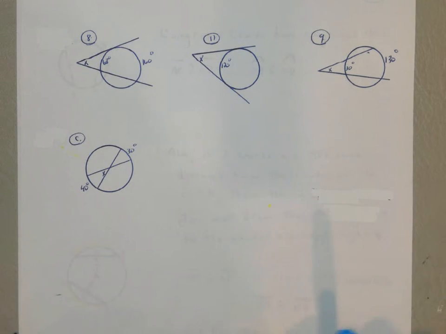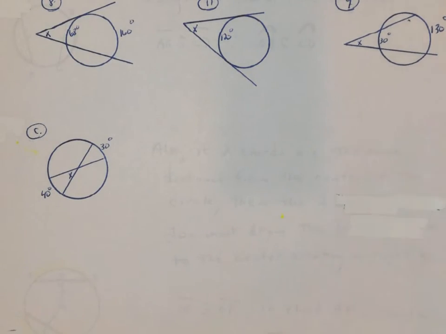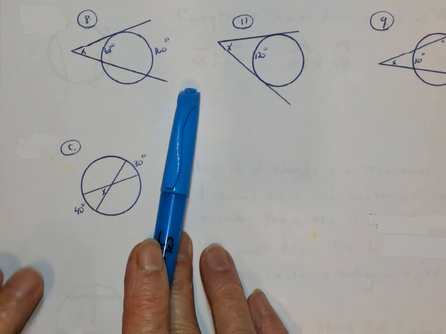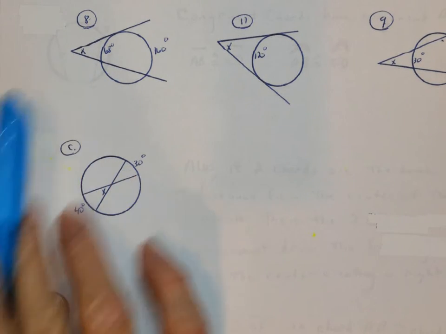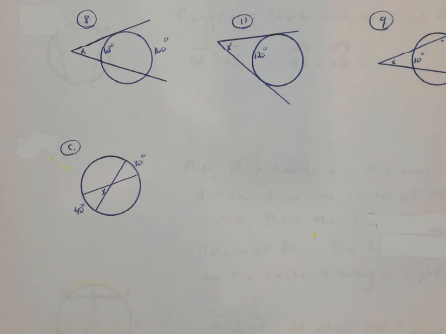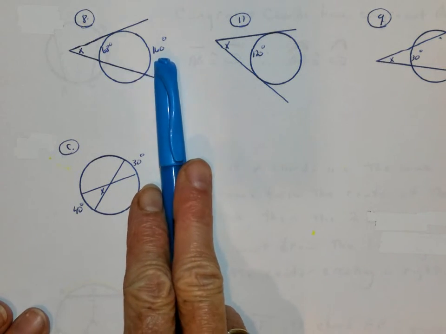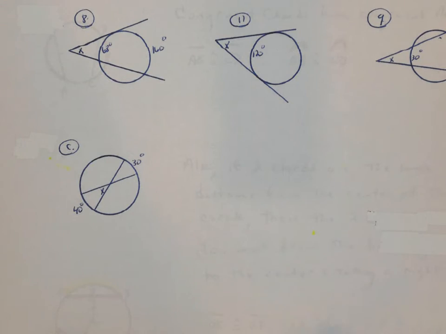Let's take a look at some examples here. Here I have an angle that is created by a tangent line and a secant line, which is an exterior angle. We are going to take 160 degrees minus 68 degrees, divide by 2, and we get our angle.